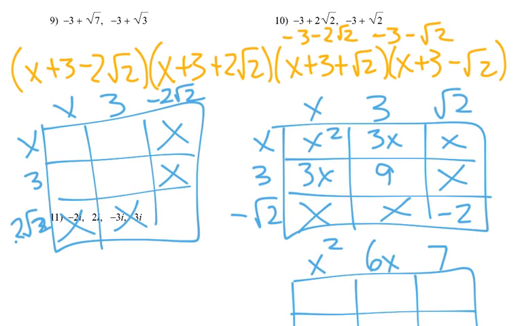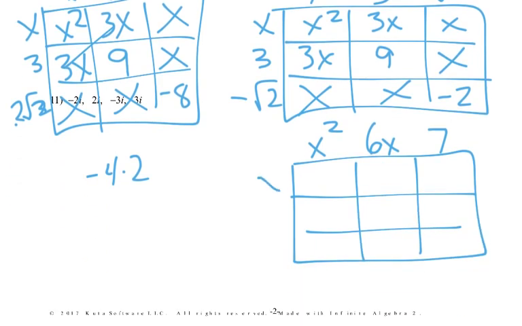Now, 2 times 2, or 2 times negative 2 is negative 4. Negative 4 times root 2 is 2. So that would actually be negative 8. This is 9. 3x, x squared, 3x. So I get x squared plus 6x. 9 minus 8 would be 1. And so here's what we end up with.